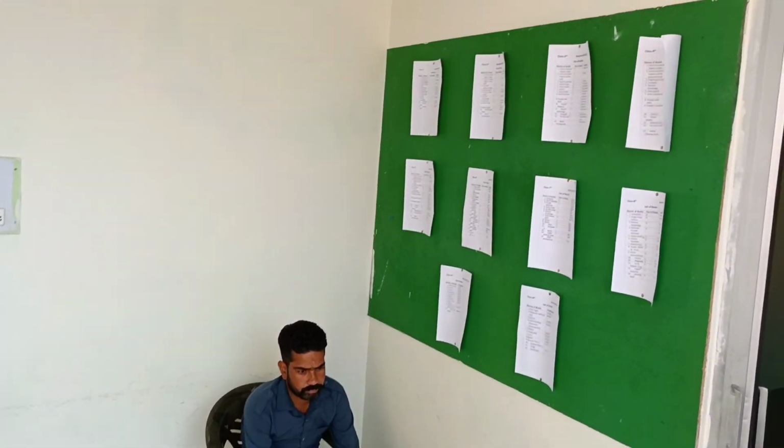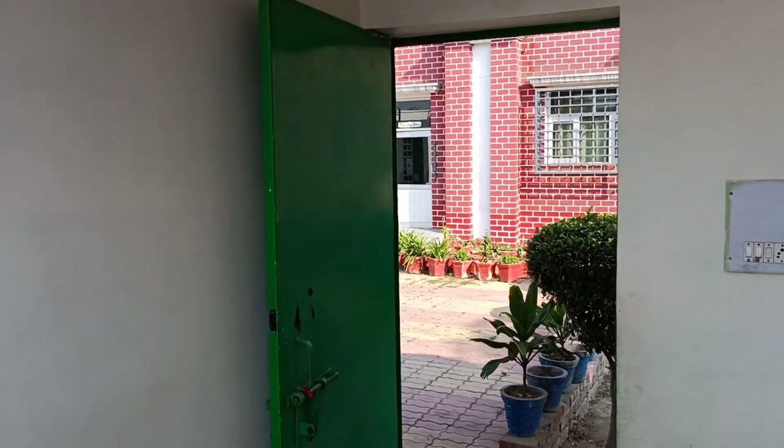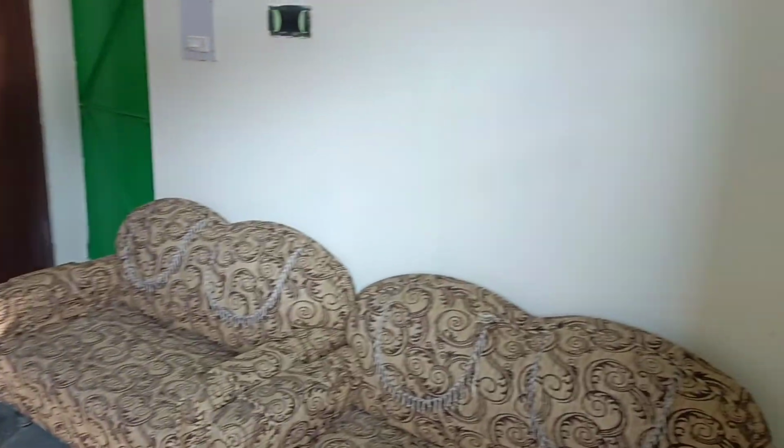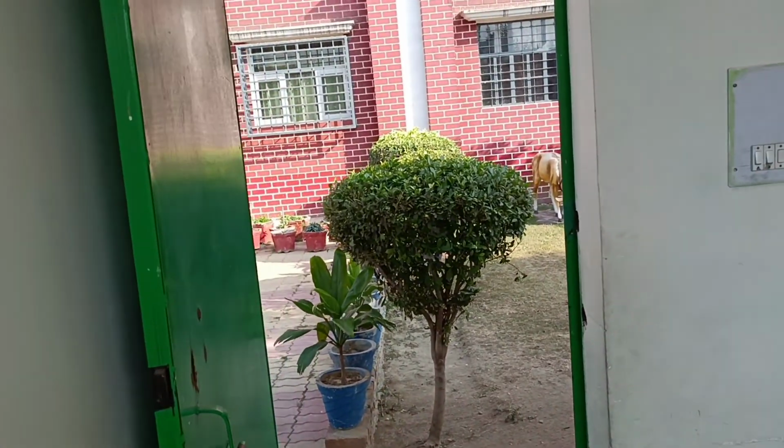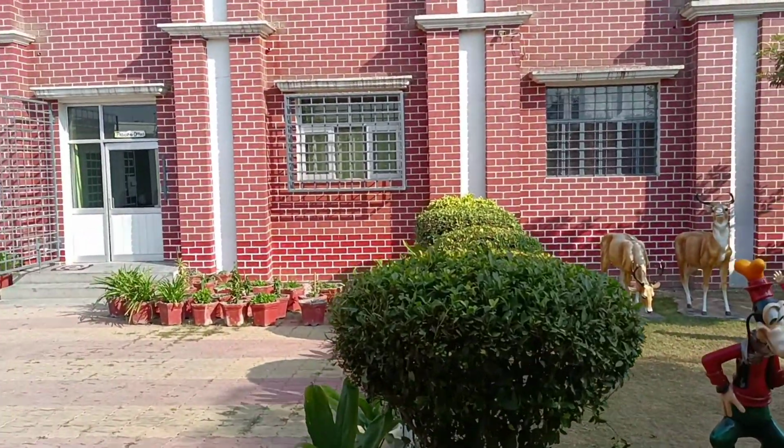Now on the right hand side there is a reception area, and on the left hand side there is a waiting area for the parents. Now we are moving towards the main building.